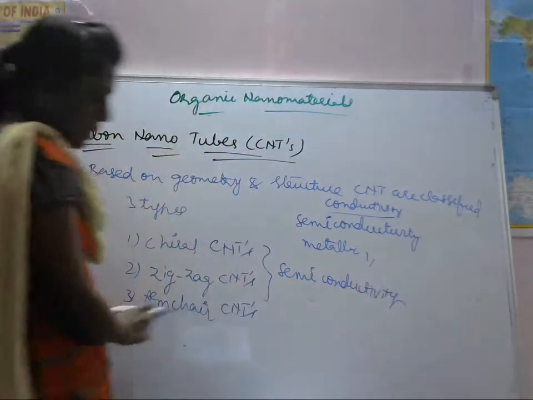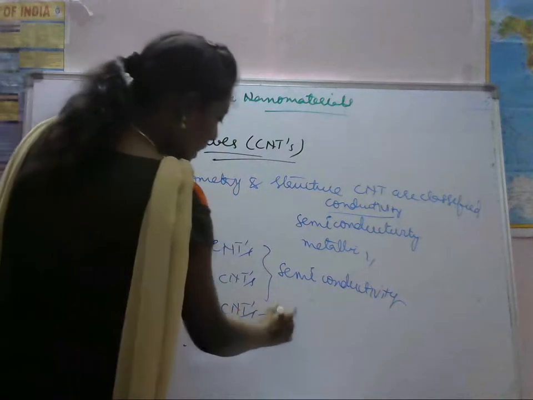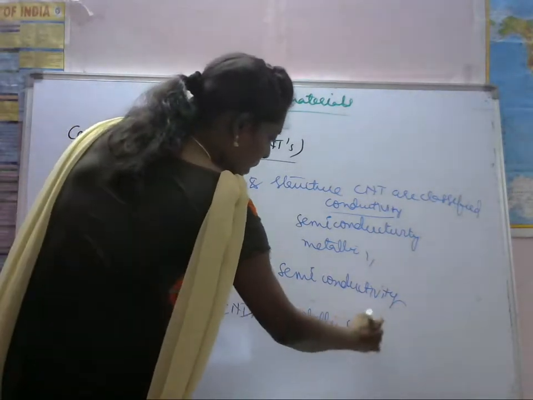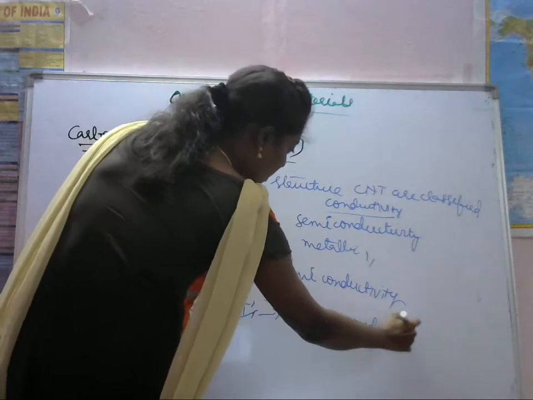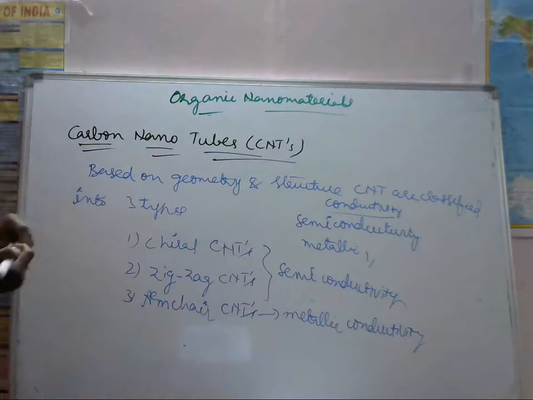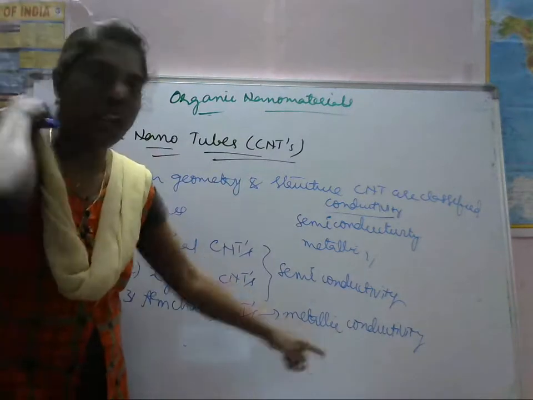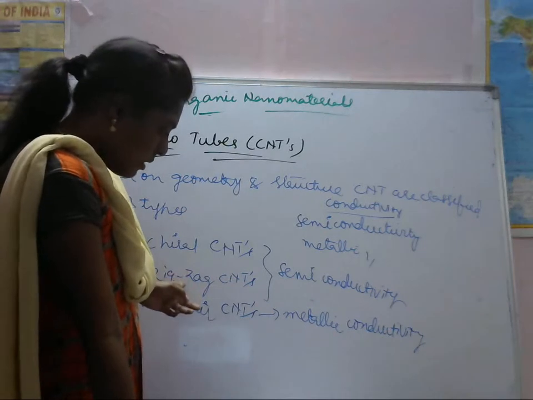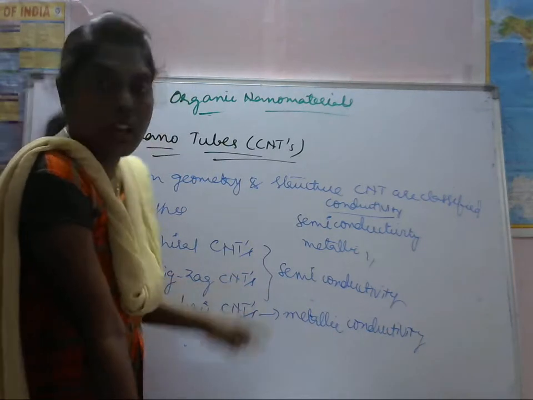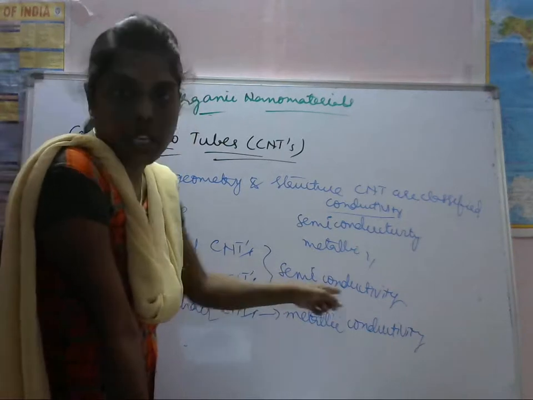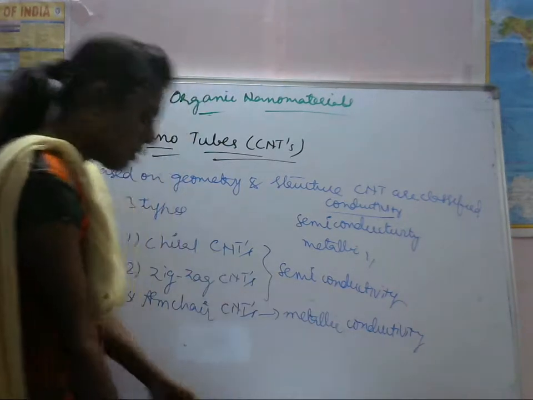Okay, armchair has metallic conductivity behavior. So these armchair CNTs behave like metallic conductors. And chiral and zigzag CNTs behave as semiconductors. Okay.